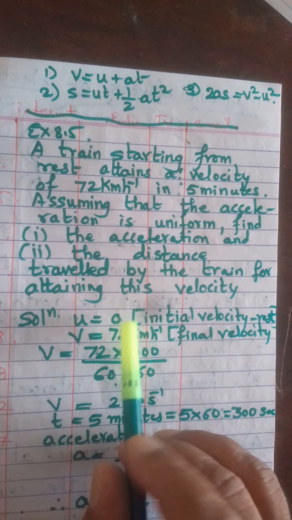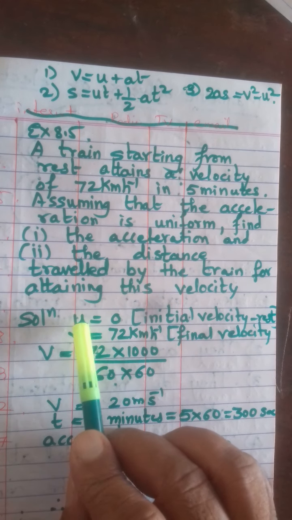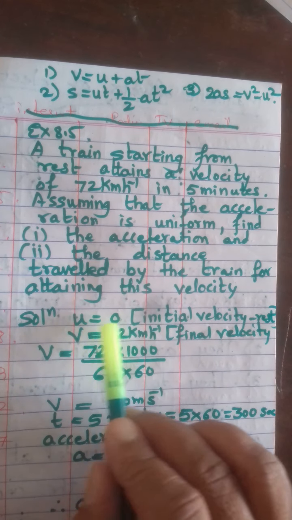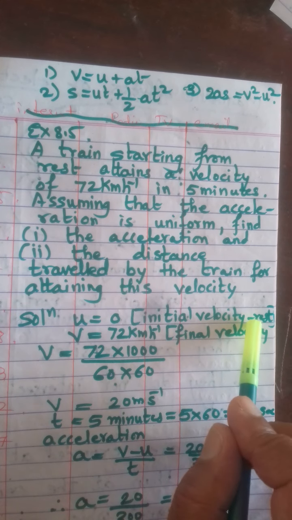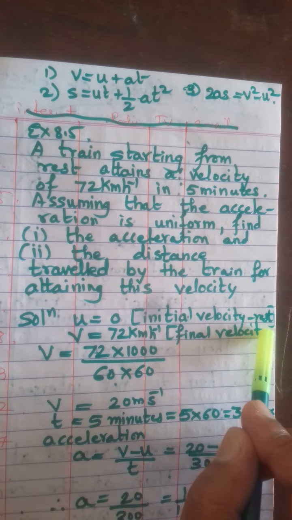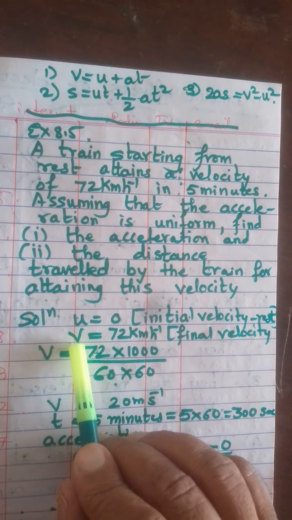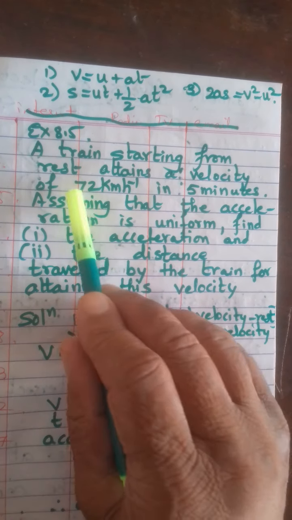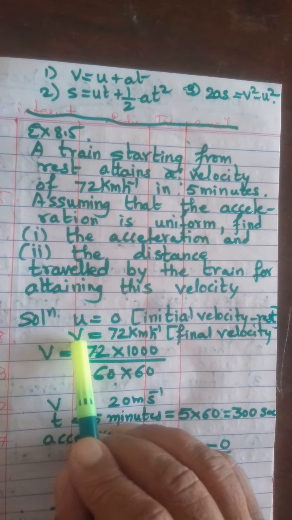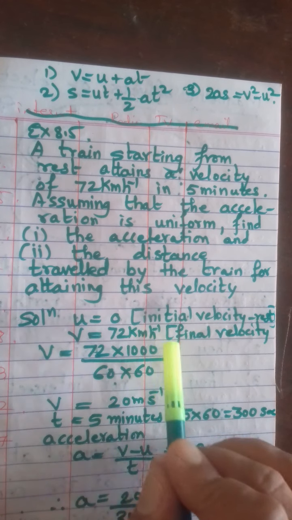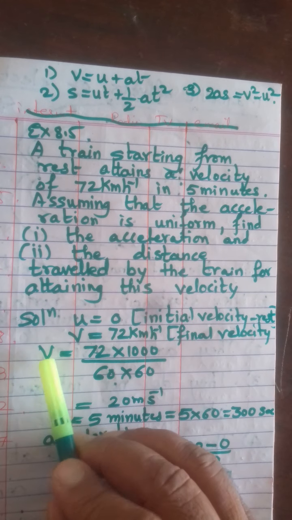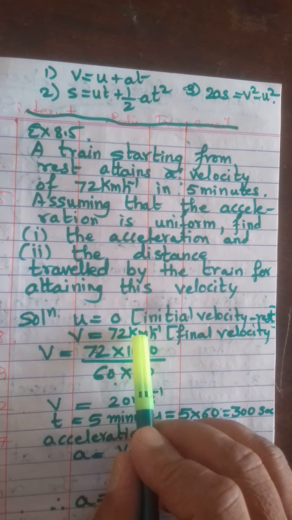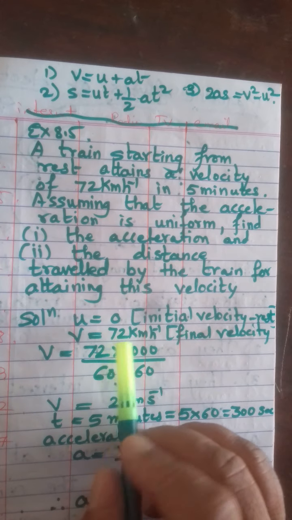Since the train has started from rest, its initial velocity u is 0. And final velocity v is 72 kilometers per hour. Let us convert this into meters per second.